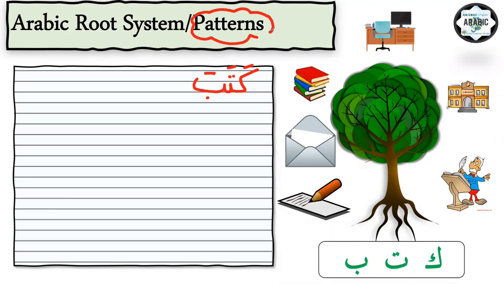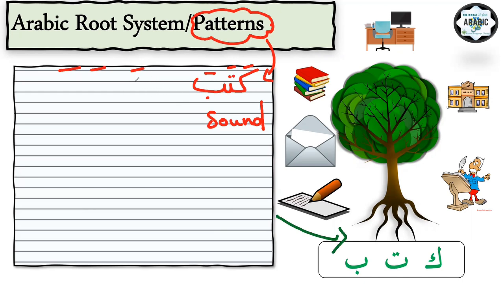The pattern introduces the sound. So what happens is I only place the short vowels. The short vowels are what I use to sound out the root system, or the root letters, if I should say.